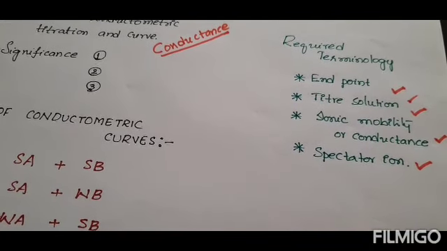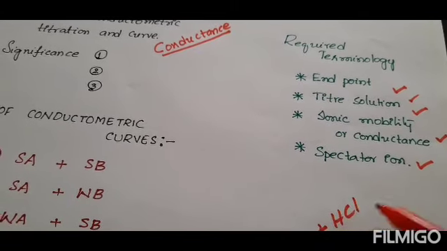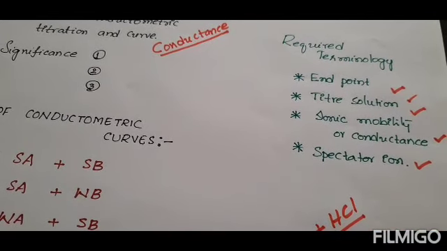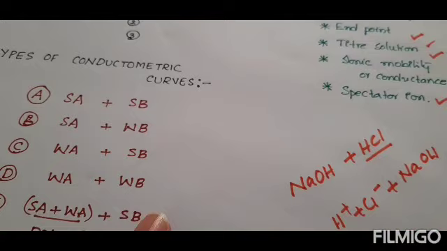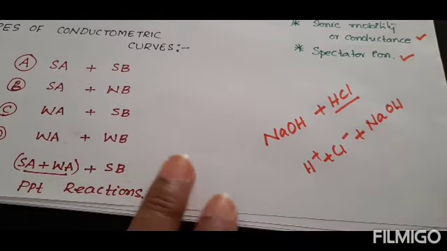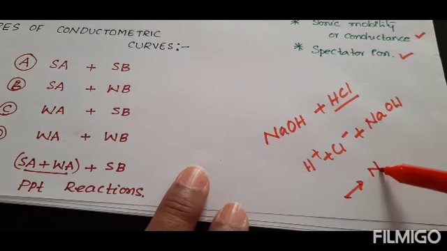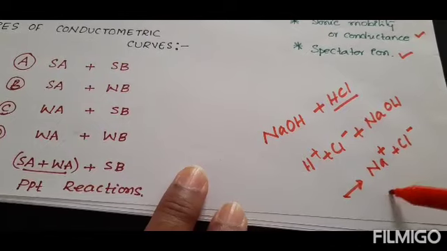For the sake of convenience, I am taking NaOH. It reacts with HCl. Suppose the solution contains H plus and Cl minus. To this, if I add NaOH, after the reaction the products are Na plus, Cl minus, plus water.